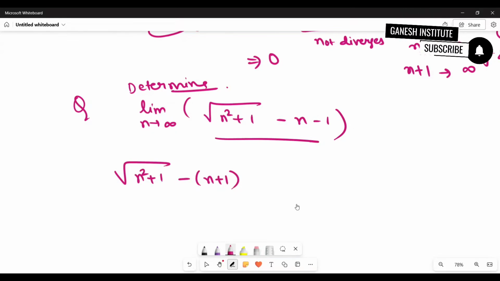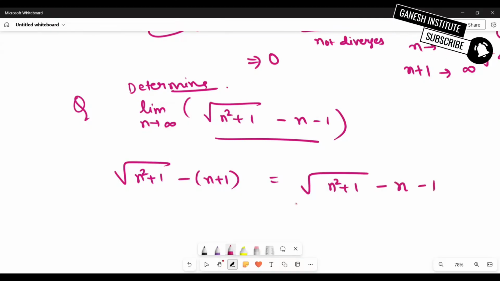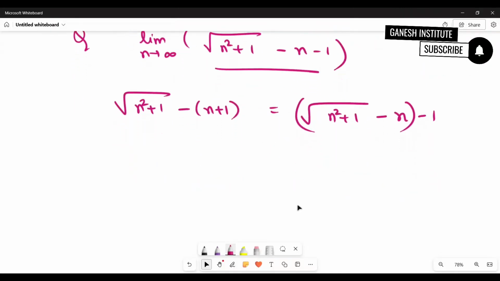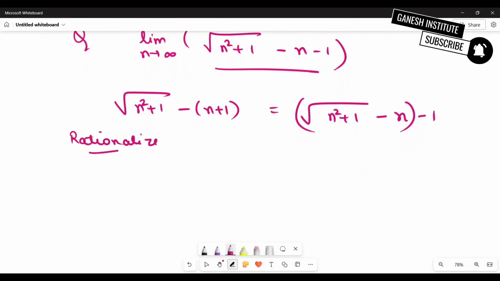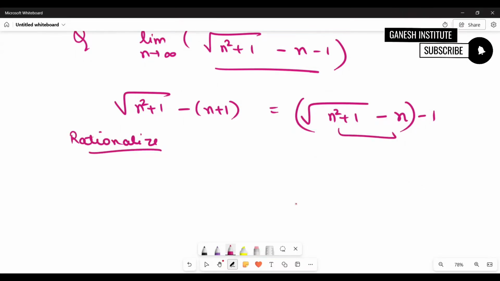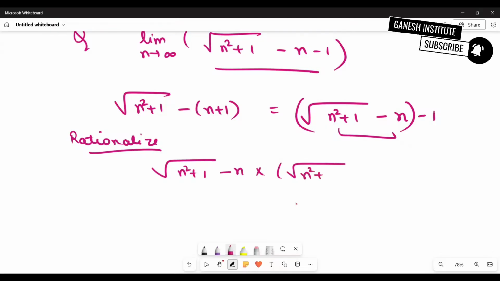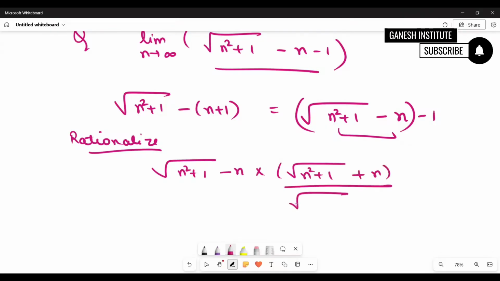Now if you have to rationalize, what can you do? Just focus on the root part, this one. You multiply it by the square root plus n, right?